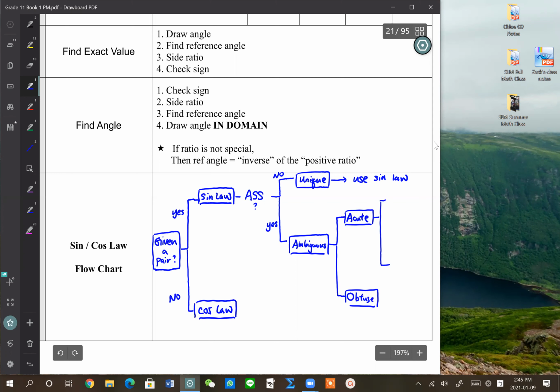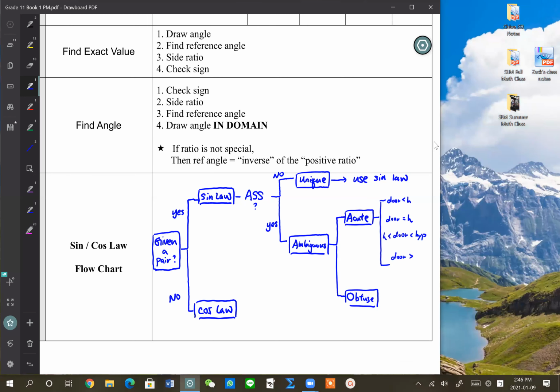So you have the door shorter than height, door equal to height, door bigger than height but shorter than hypotenuse, and door longer or equal to hypotenuse. Shorter than height is no solution. Equal to height is one solution. Between height and hypotenuse is two solutions.